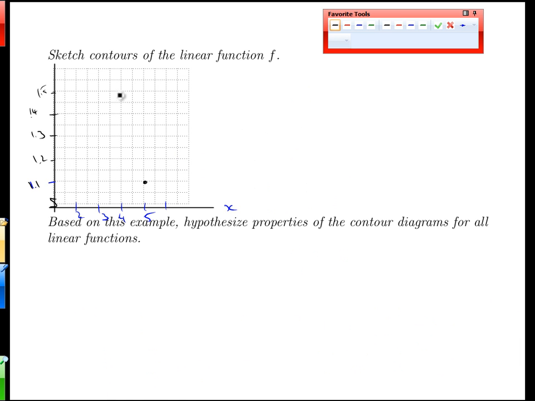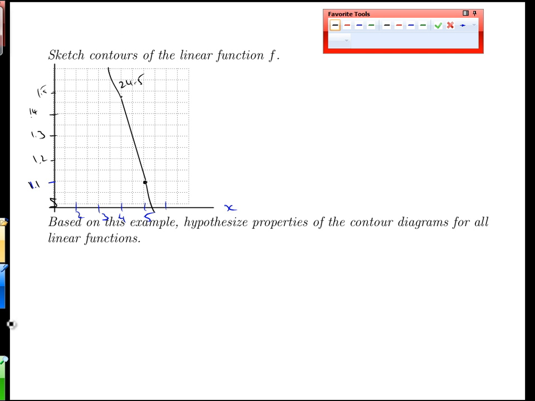So a little shy of that, about there. So the contour at height 24.5, there we go, would be here. And it would keep going, obviously. It would go on further past there.